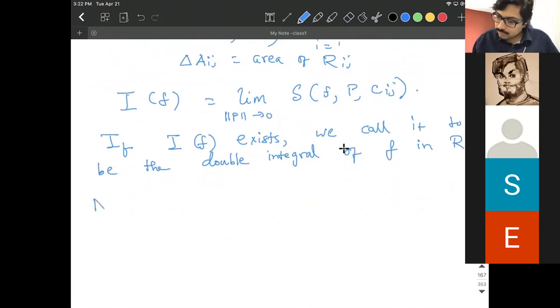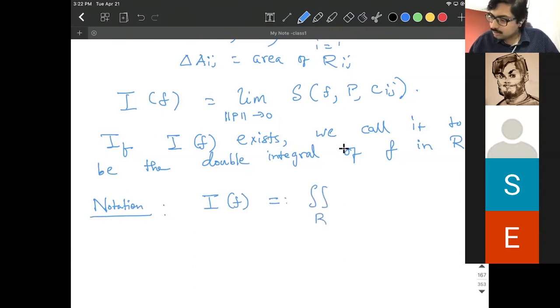So we use the following notation. Either we use the integral over R of f dA, or we also use the integral over R of f dx dy, although we have to make sense of what this dx dy means.